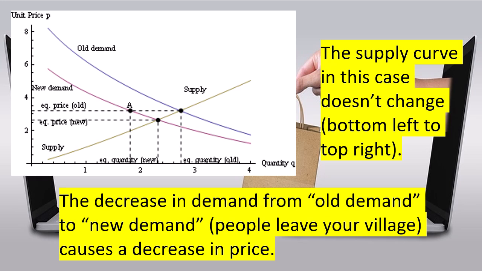That's the one that goes from the bottom left to the top right. The decrease in demand from old demand, the blue one, to new demand, because people leave your village, causes a decrease in the price. So if you look at where the lines cross for the blue one, the price is higher than where the lines cross for the red one.